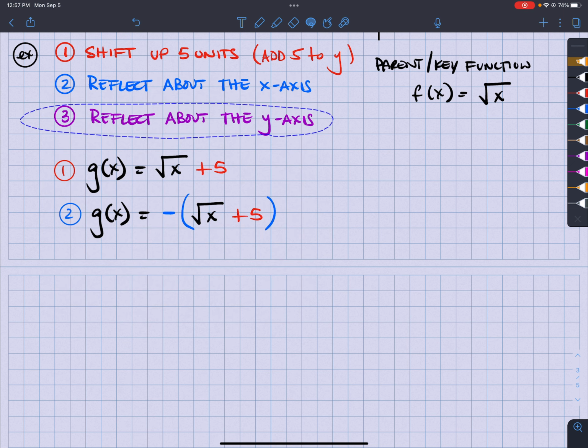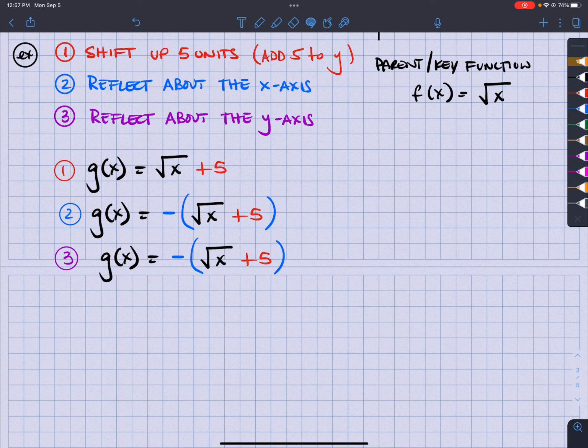All right, so 3 says to reflect about the y-axis. Okay, so here is 3. I can put it right here. So that means I gotta take whatever's here and affect it with 3. Well, 3 says to reflect about the y-axis. So if I reflect over the y-axis, what changes? Either the x goes from positive to negative or negative to positive.